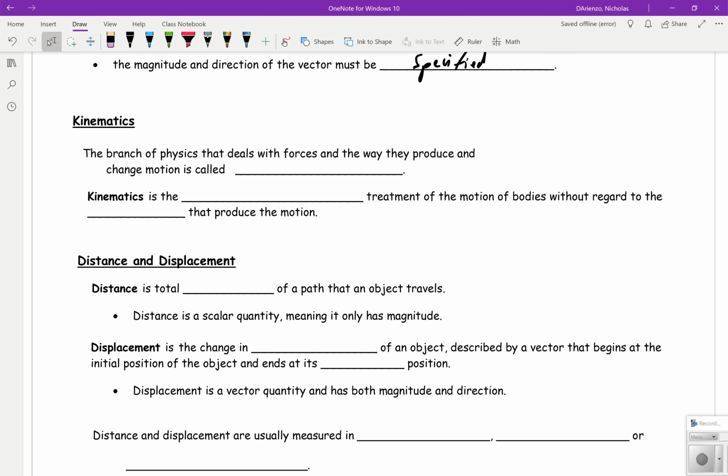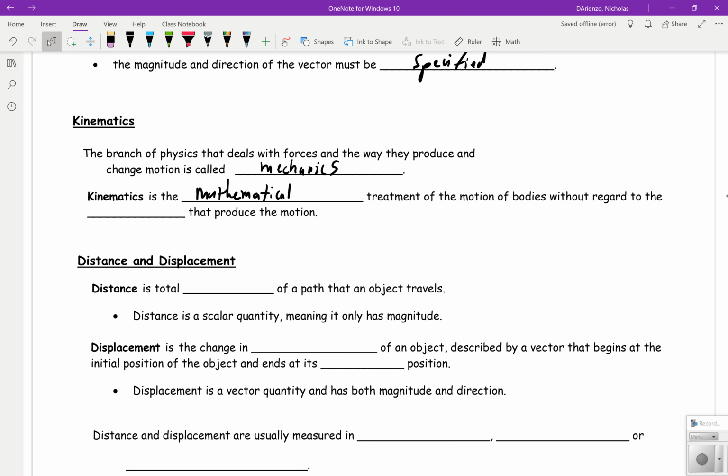Now, kinematics is the branch of physics that deals with forces and the way that they produce motion or change in motion. And that overall branch is what we call mechanics. Kinematics is a branch of mechanics. You might see some of these notes a little bit differently, because I've taken out some of the larger portions that were more writing.